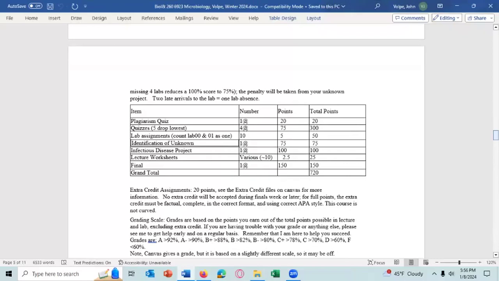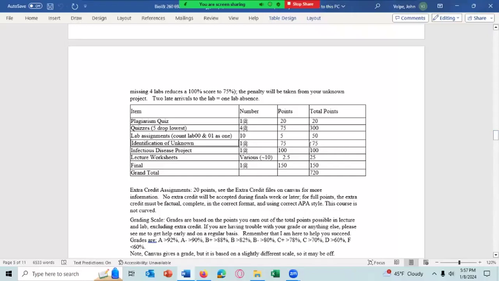If you're happy with that, you don't have to submit it again, but you may submit it again to get 100%. Obviously, if you get 100%, you don't need to, but if you didn't get 100% the first time, you may submit it again for up to 100%. So the labs will be graded twice.